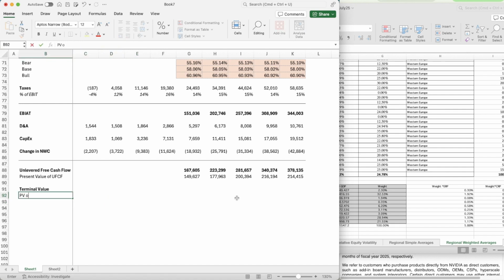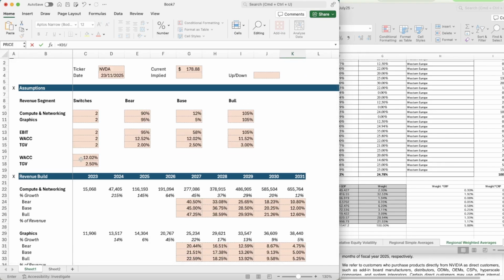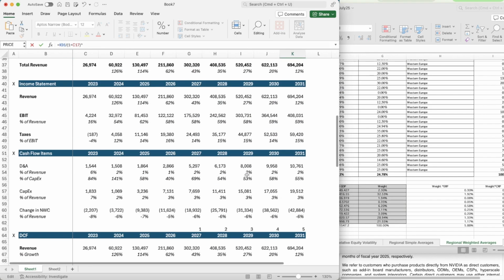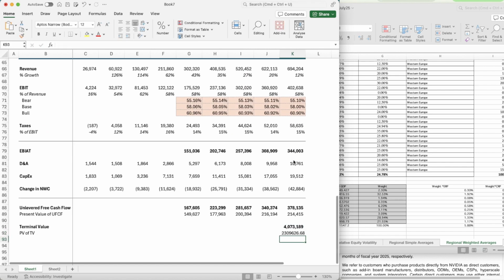So we want the present value of the terminal value, PV of TV. Again, this just equals your terminal value divided by, open brackets, 1 plus your WACC to the power of the final year, which is 5.